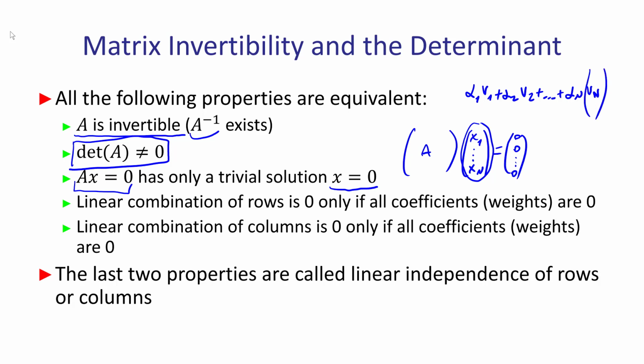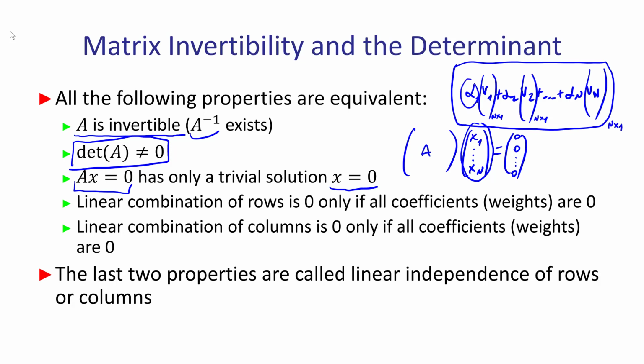Each vector is a column vector of order n, so it's n by 1. So a linear combination is also a vector of order n by 1, because a sum of constants multiplied by vectors will be of the same size.